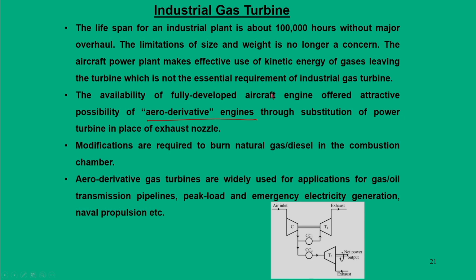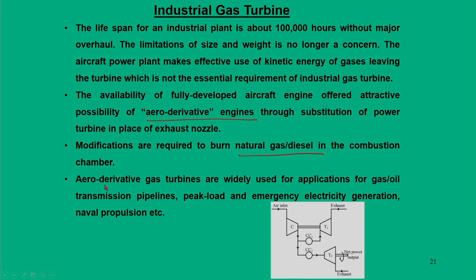But when you say aero engines, the fuels are different. They use kerosene, aviation fuels and other high grade fuels. But when they operate in gas turbine mode for power generation, we can think of using natural gas, diesel, biogas or any other alternative fuels.